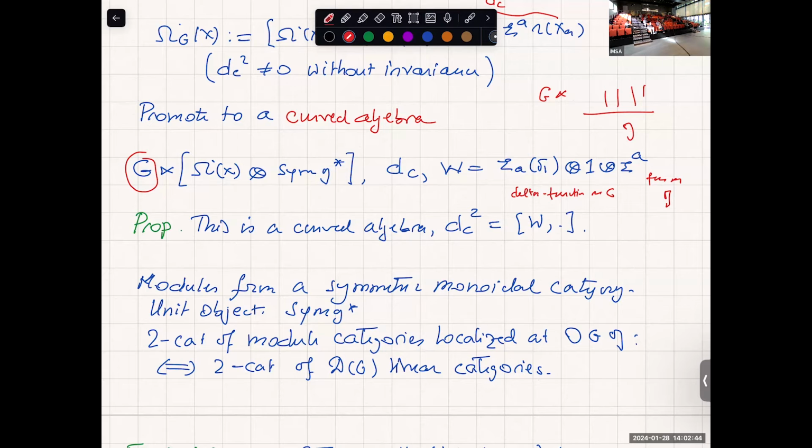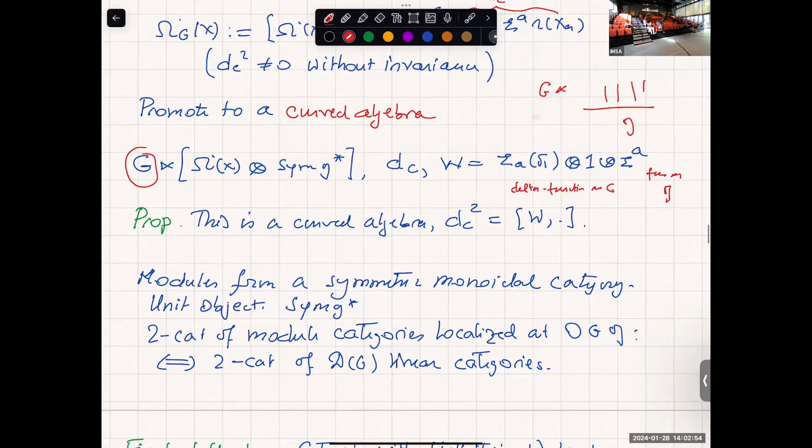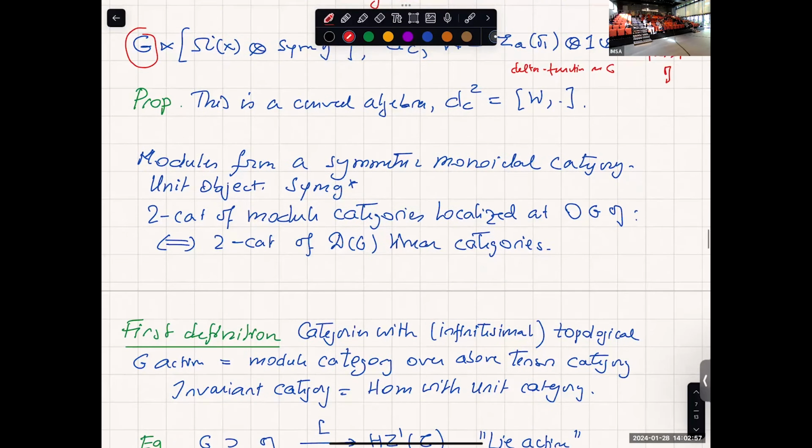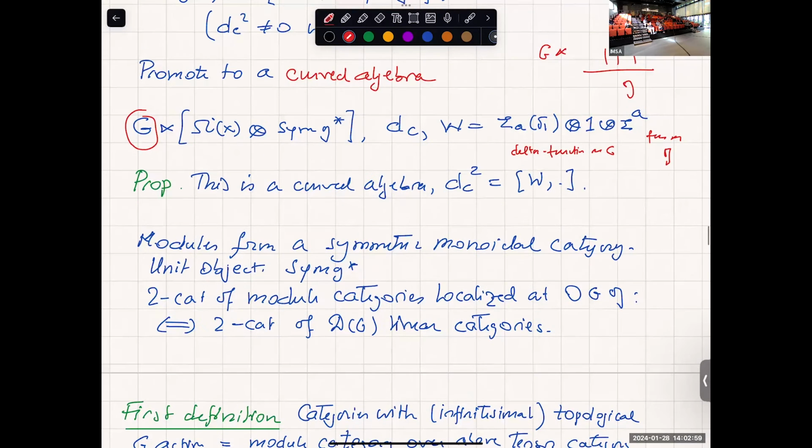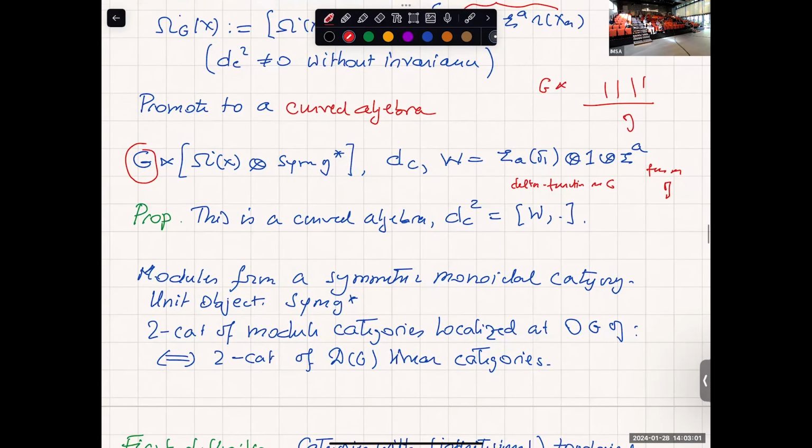Now, usually you wouldn't get a tensor structure on the category of curved modules. The superpotentials add, but the addition law is convolution in one factor. And there's a unit object for this tensor structure, which is just putting nothing there, so just Sym g star, the unit category there.